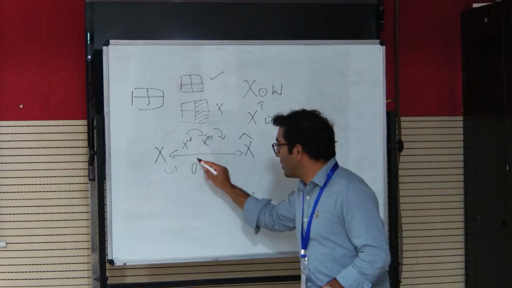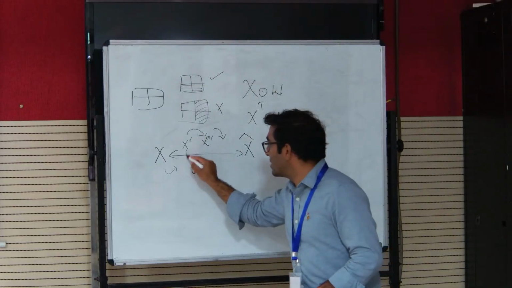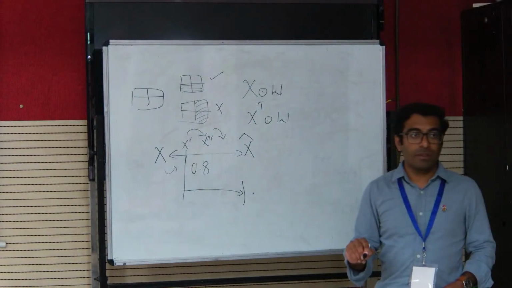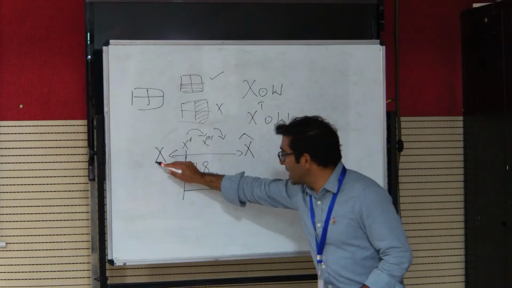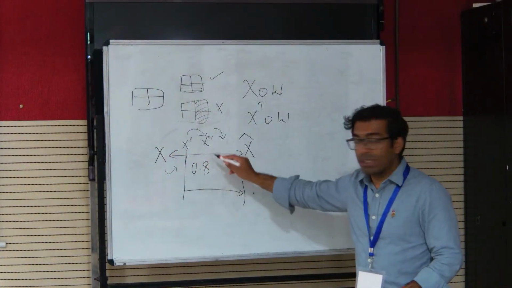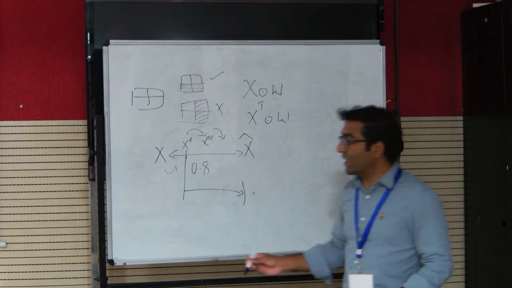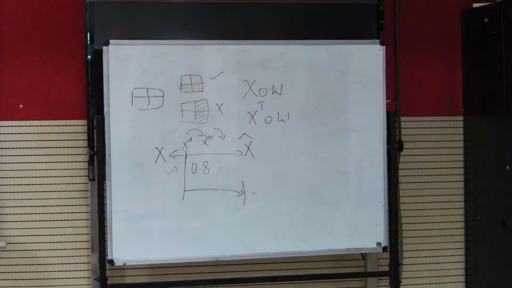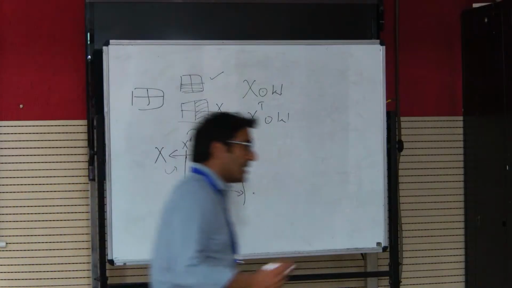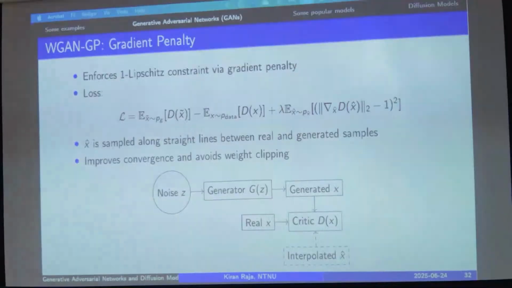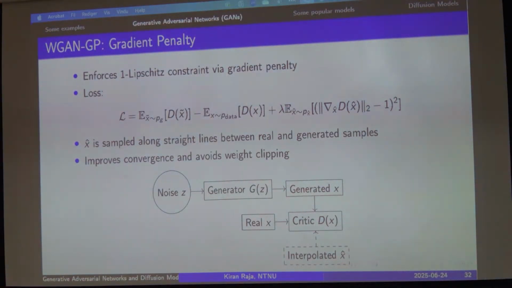So every time you do this, you expect that this distance becomes lesser, right? So you are in the same line, in the same space, but you are trying to minimize the distance in this case. So that's the advantage. And as you are also taking care of the gradient penalty, you are avoiding the weight clipping. So you're trying to keep the weights intact.